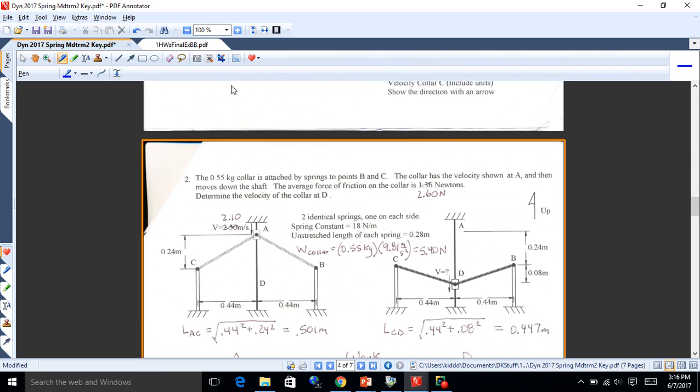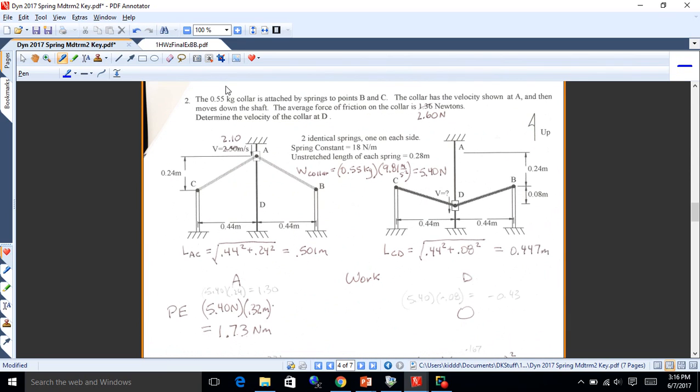All right, the next one is a work energy problem. You've got the things moving up and down, so you got that up arrow over here, so that's moving up. You've got the springs, so that's a tip-off if that's a work energy problem. What you want to do there is find the weight of the collar. It's 5.4 newtons. Then you want to find the length of the spring.